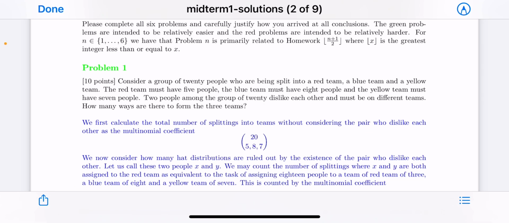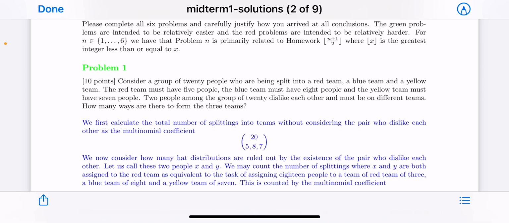If I were looking at this question, I would think to myself, well, this is the first question on the exam, and it's pretty transparently a counting problem, which makes sense because counting was the very first thing we did in the course. So what am I supposed to count? The number of ways to form various teams.